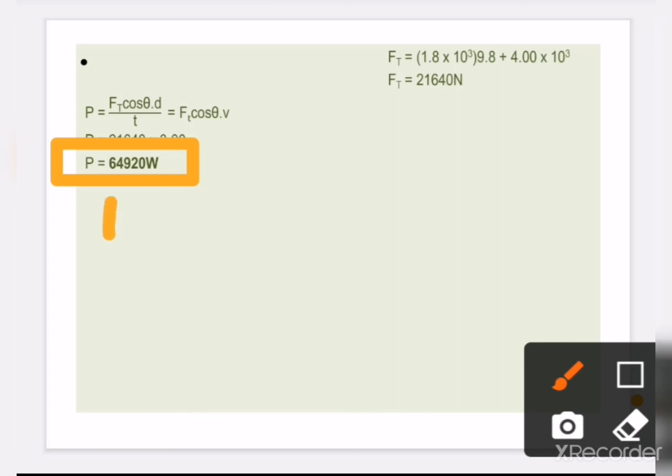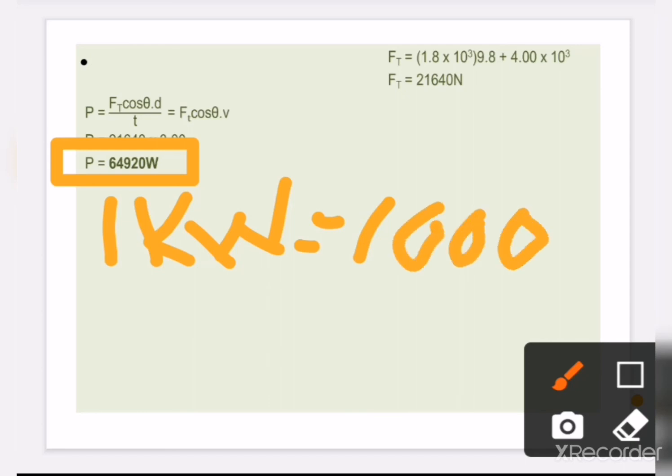So we need to use a relation to do that. 1 kilowatt is equivalent to 1,000 watts. So to get this value in kilowatts, all we need to do is divide this value here by 1,000.